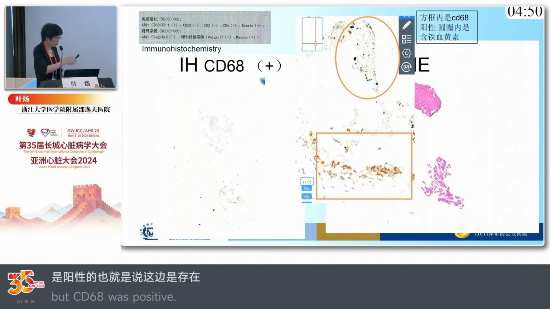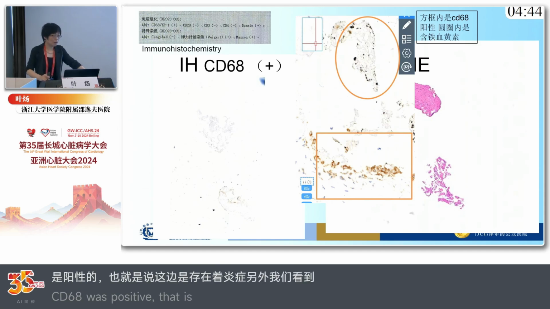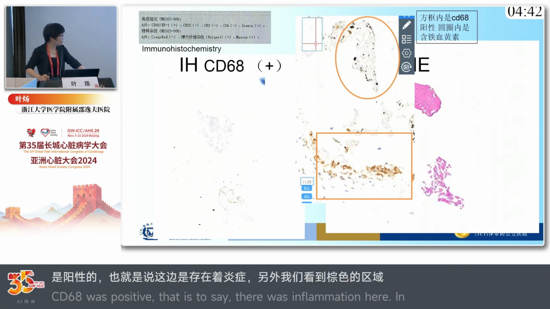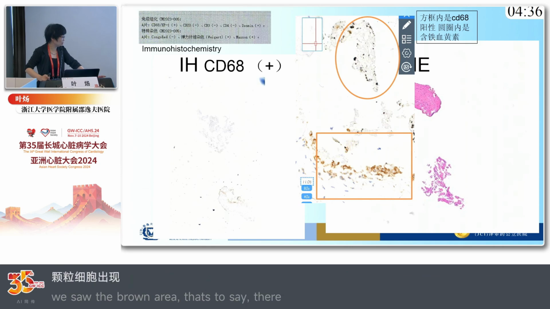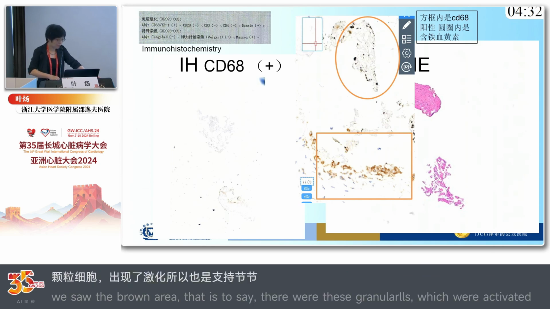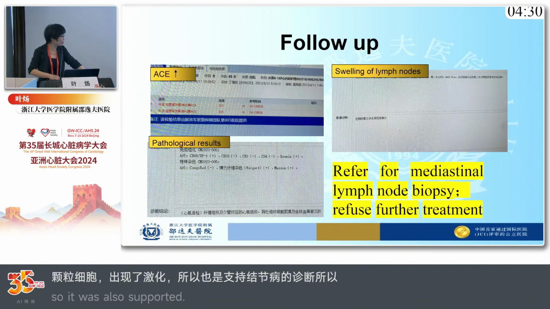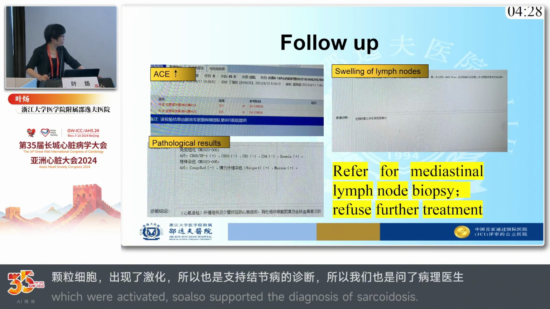So the brown stain here means the granular cells are organized, which is supportive of sarcoidosis. So we asked the pathology doctor. They told us, yes, it's sarcoidosis, but we have to check this one.